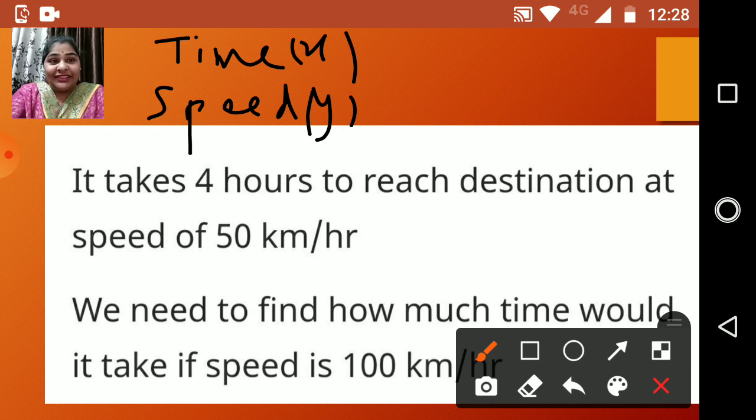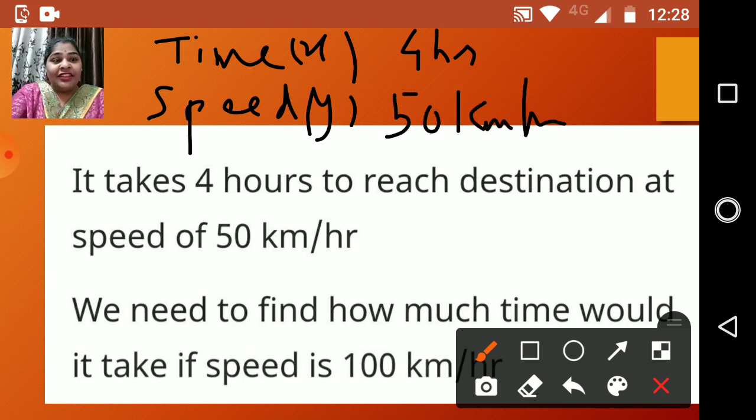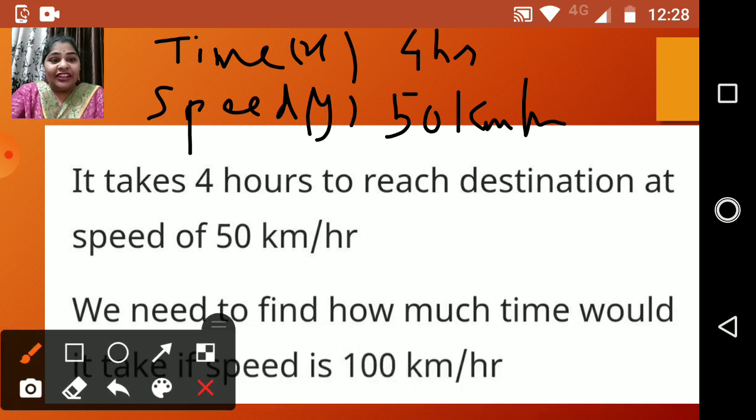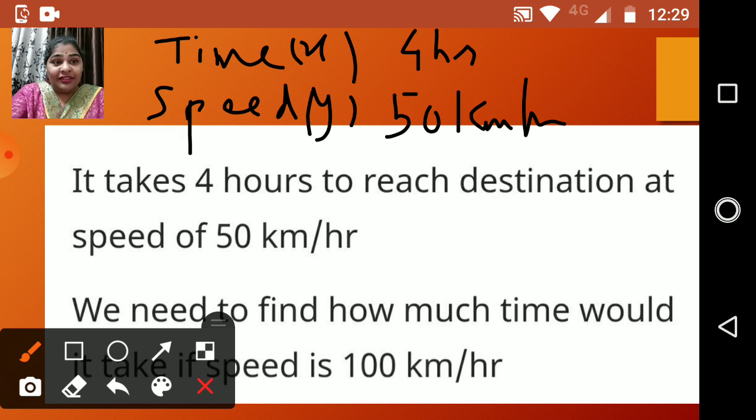So it is given it takes 4 hours to go with the speed of 50 km per hour. Now we need to find how much time it would take when the speed is 100 kilometers per hour. How much time? So let us keep it as x.